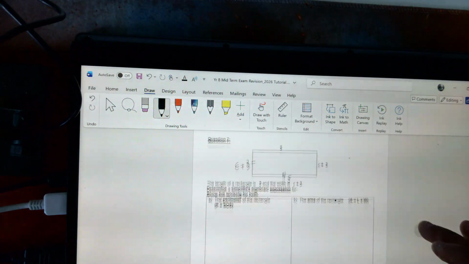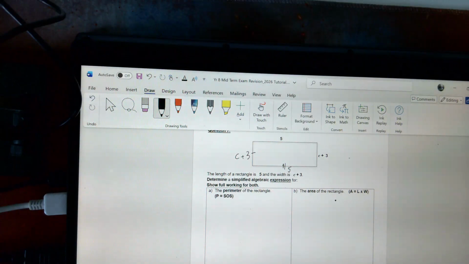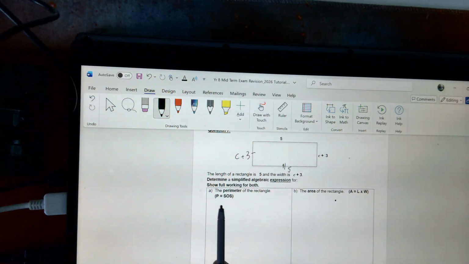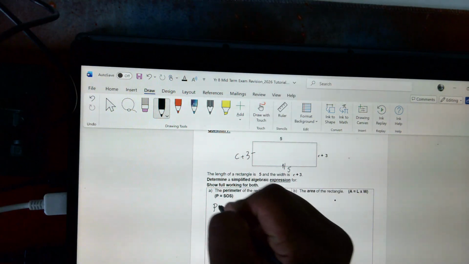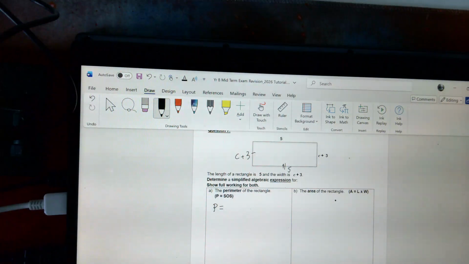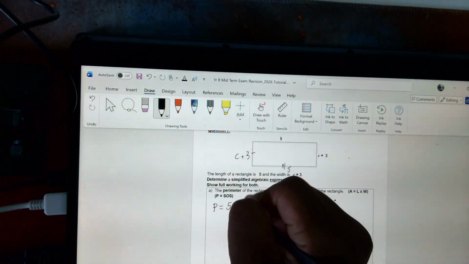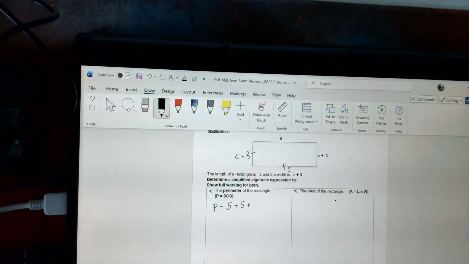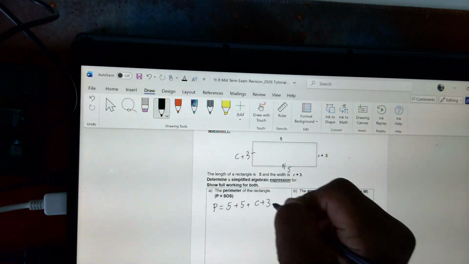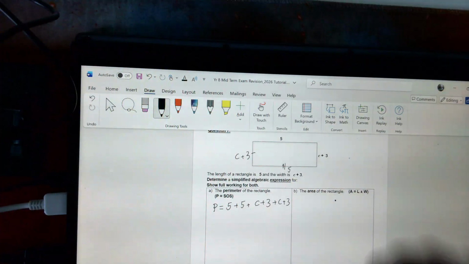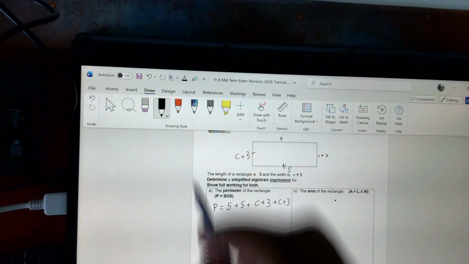So from there, I know that the perimeter of a rectangle is the sum of sides, so I'm going to add my sides together. I've got 2 sides that are 5 and 2 sides that are c plus 3. So then I'm going to collect my like terms.